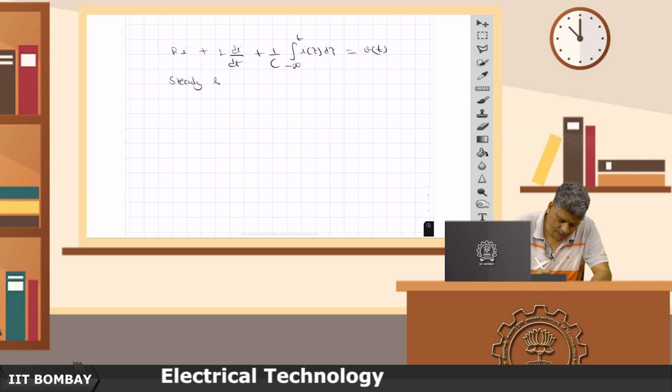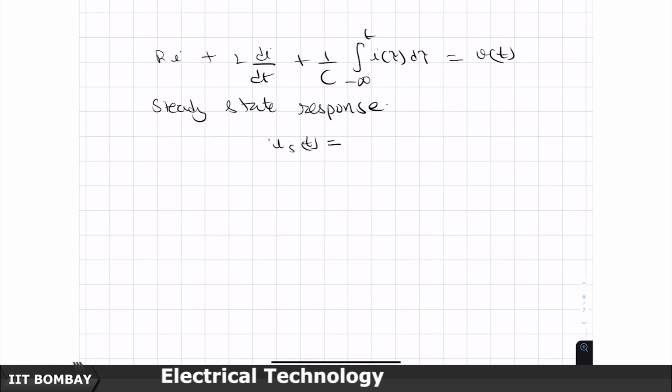To get the steady state response, I am not going to use ISS as my subscript again and again. I will probably just use Is of t maybe one time, and I will just say, let me hypothesize that if this is a sinusoid, I will write this as Vm sin omega t.